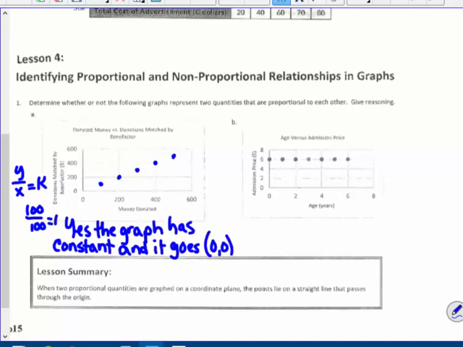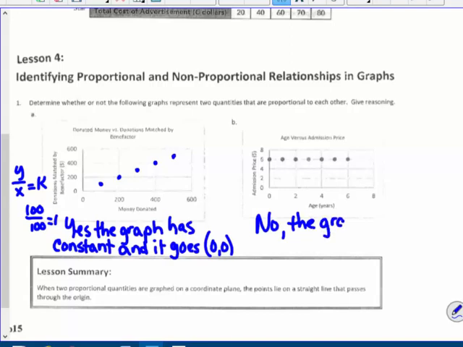Letter B, age versus admission price. The graph doesn't start at 0, 0. So if you're 0 to 6, you always pay $5, which does happen in the real world. Little kids get in cheaper until they get to a certain age, and then they have to charge more, correct? But no, this graph does not start at 0, 0.